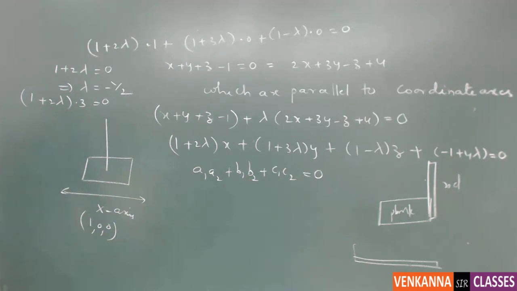Please understand, if a plane is perpendicular to another plane, we always use the perpendicularity condition. If a plane is parallel to a line, then also we use the perpendicularity condition. If a plane is parallel to another plane, there we use the parallel condition: A1 by A2, B1 by B2, C1 by C2 equal, right? You can visualize that.